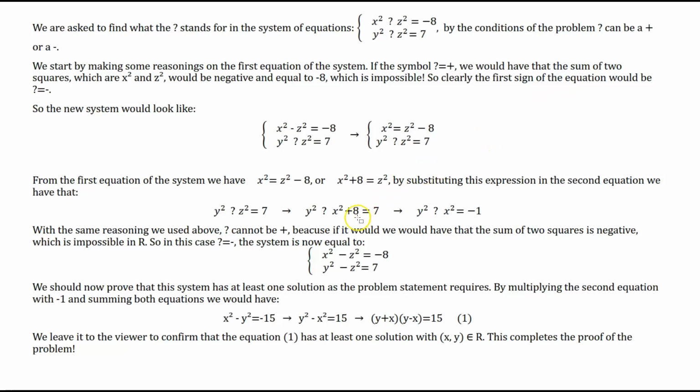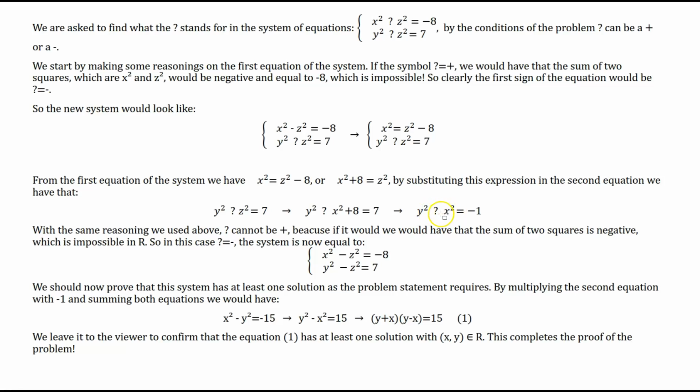If we suppose that the question mark over here is equal to a plus, we would have that x squared plus x squared plus 8 is equal to 7, or that x squared plus x squared is equal to minus 1. But this would be impossible because, again, the sum of two perfect squares cannot be equal to a negative number in the set of real numbers.